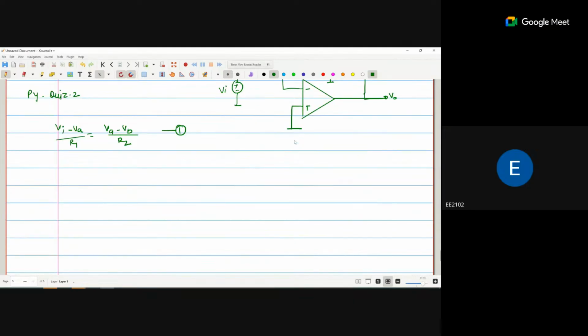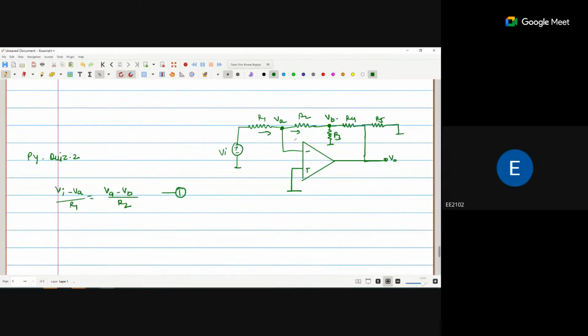For the second equation, (VA minus VB) divided by R2 is equal to VB by R3 plus (VB minus V0) divided by R4, one current going this side, one current going this side.